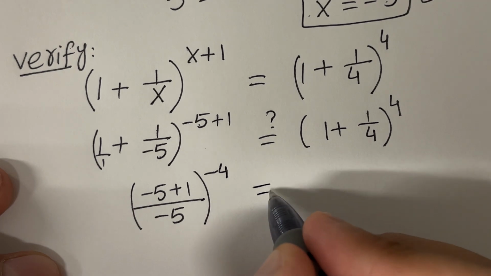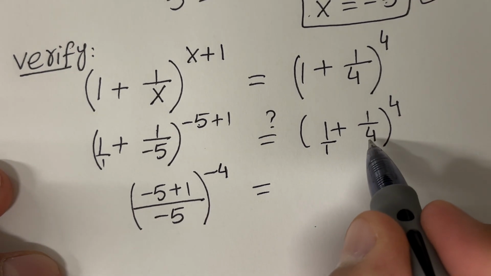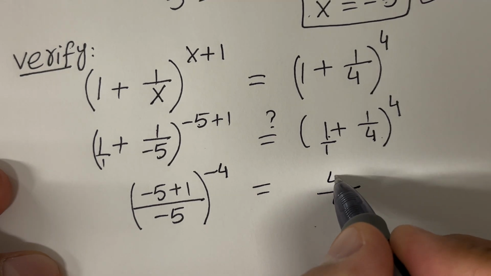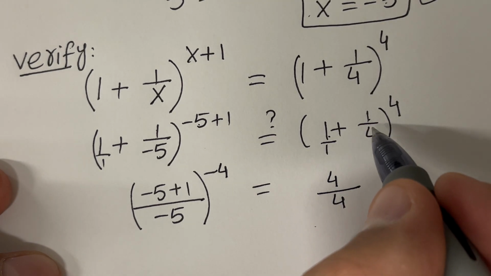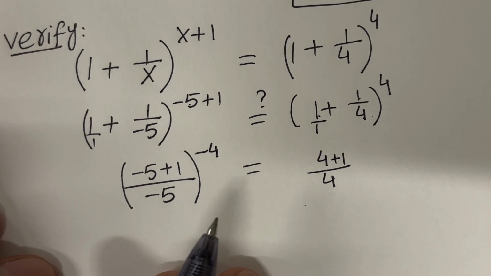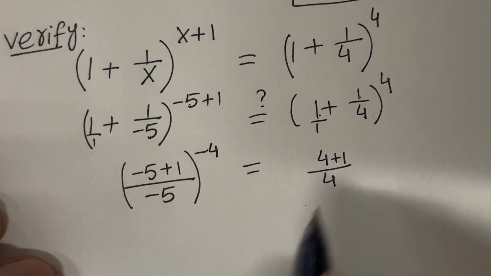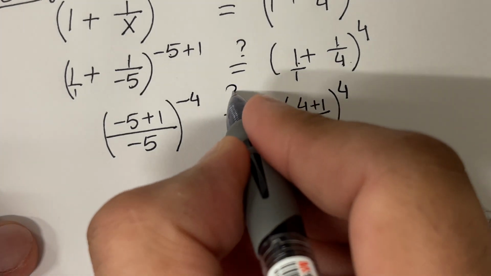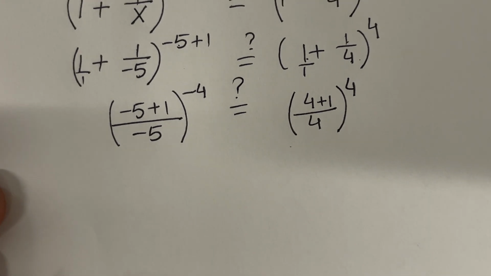And let's simplify here. Let's take the LCM as 4, then we have 4 times 1 is 4, and then we have plus 1. Okay, let's see what we end up with, and we want to see if these are equal or not.